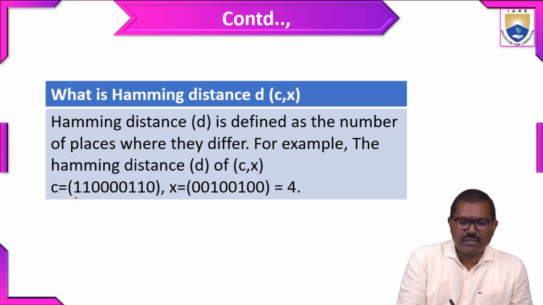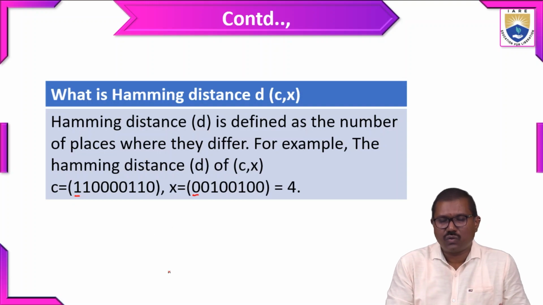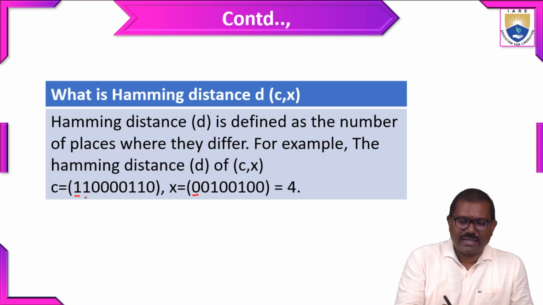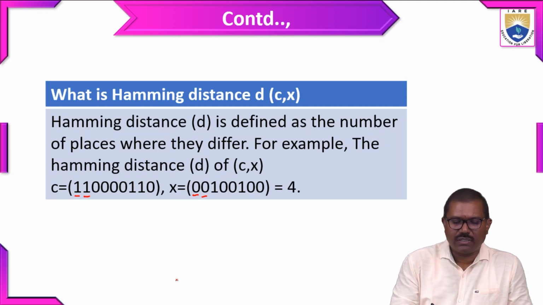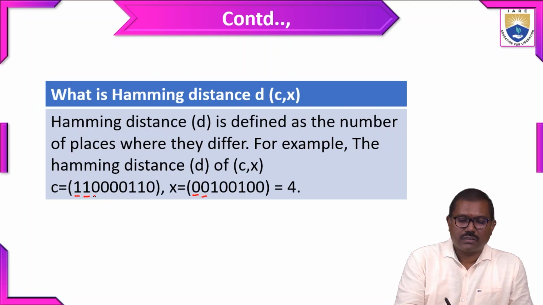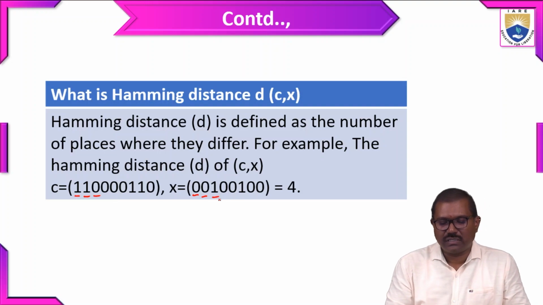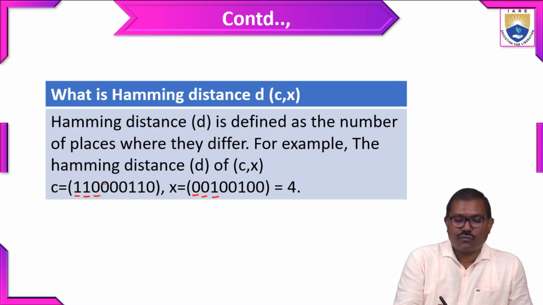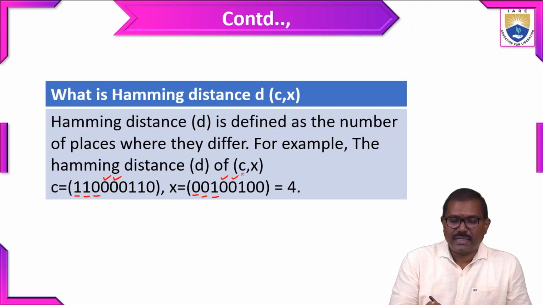So here you can see first 1 is there and here 0. So 1 variation. Again second bit, there is a variation. Third bit, there is a variation. So fourth bit, no variation. Fifth bit, no variation. Again sixth bit, there is a variation.